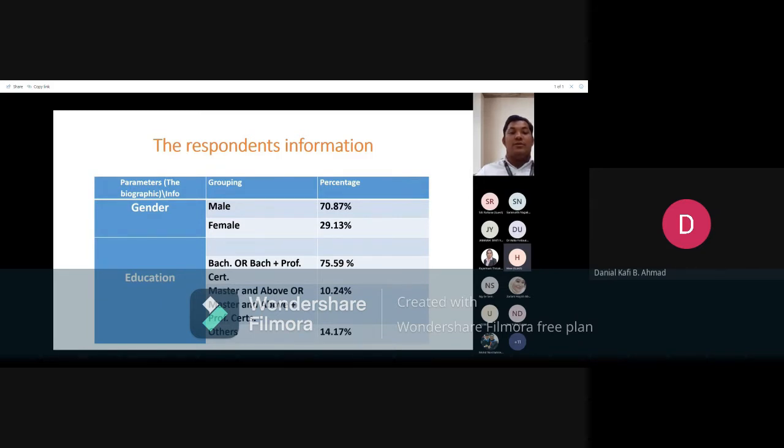Okay, so we have male and female. This is the real data. We have 70.87% male working in the software development companies related to agile implementations, and female is 29.13%. So if we round off, it is close to 29% and 71%.